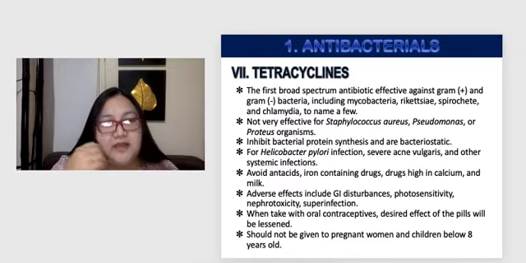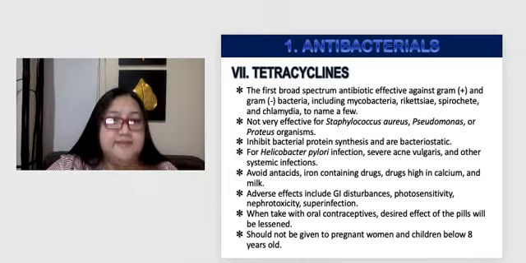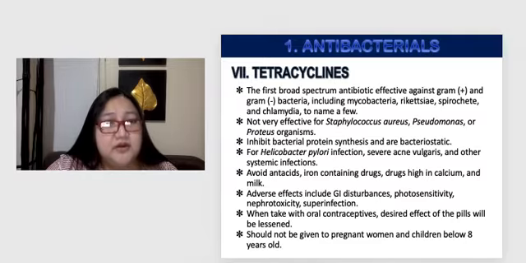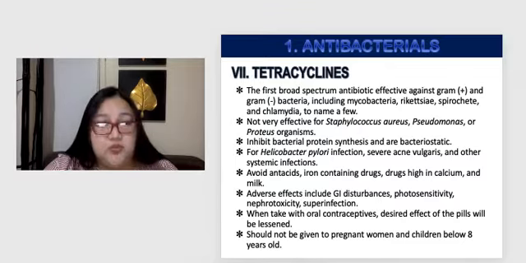Doon naman sa mga STD, no, yung systemic infections, STD is one. Pwede ang tetracyclines doon, and also UTI. Okay, but let me just add some additional antibacterials for UTI na not under tetracycline, but aside from tetracycline are good for UTI. Ito yung nitrofurantoin, it's one.